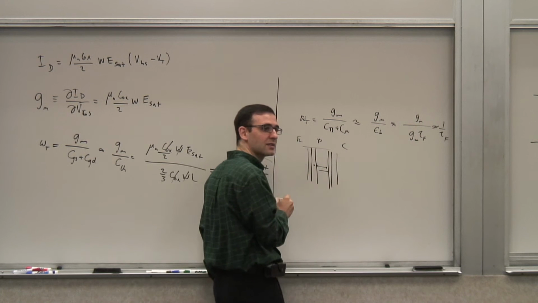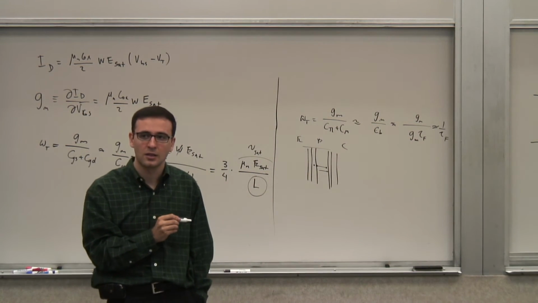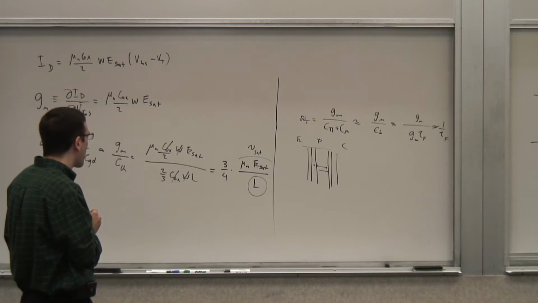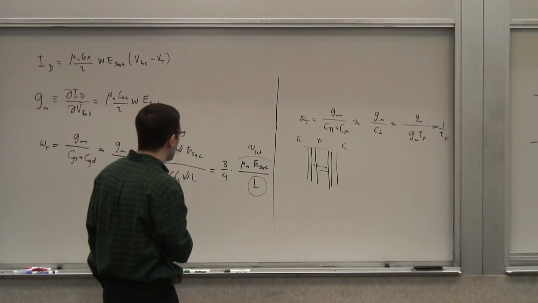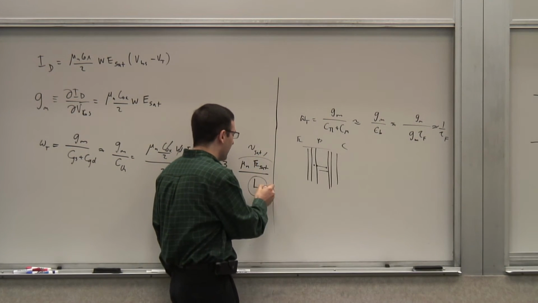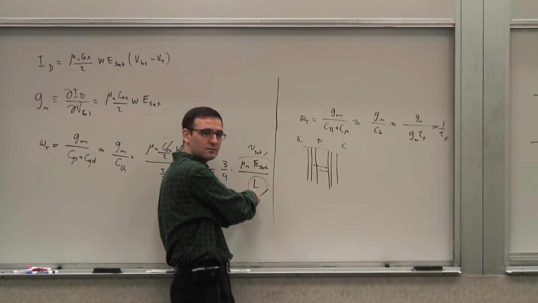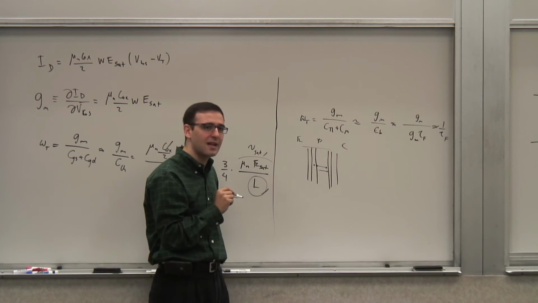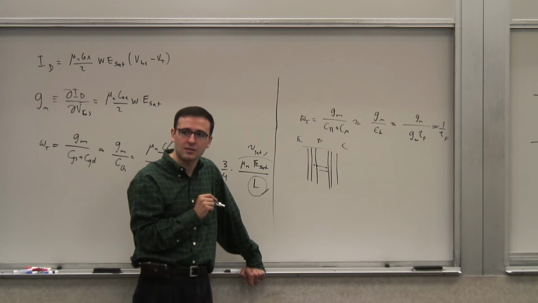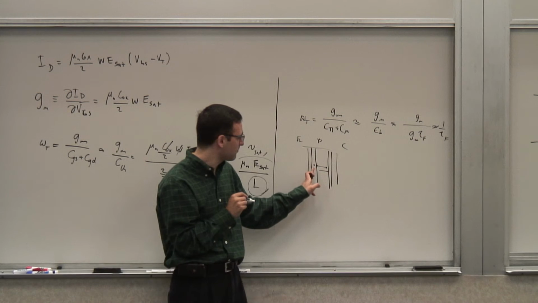The average time it takes for it to go from one side to the other. Now, here, you have a velocity divided by the length. What you need to understand here is what controls these two velocities. What controls this time?